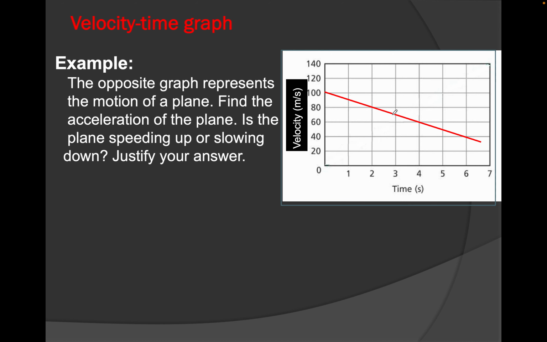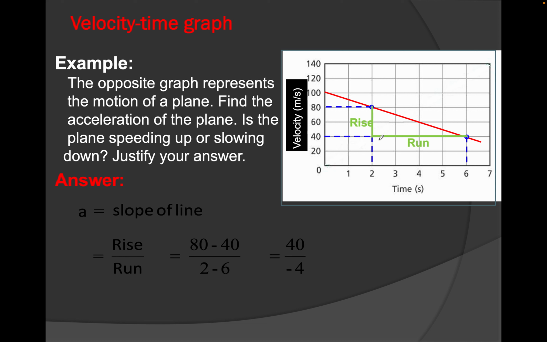The same idea applies when it comes to deceleration. You pick yourself 2 points and then you can calculate it. We did do a bit of acceleration and rise over run in the previous lesson, but here we go. There is my first point, and here is my second point. I will do my rise, which is now 80 over 40, over run, which is going to be 6 minus 2. 80 minus 40 divided by 6 minus 2.